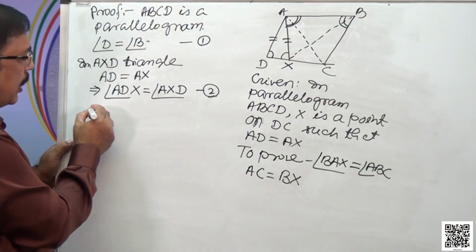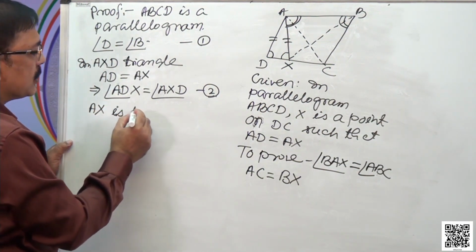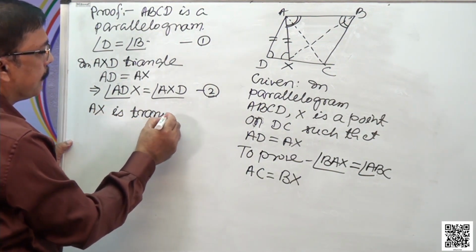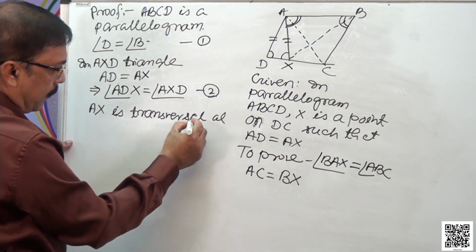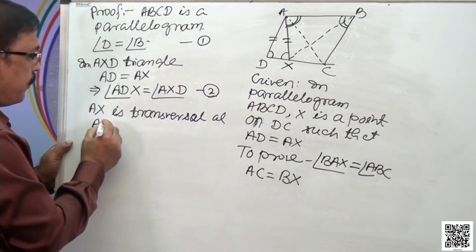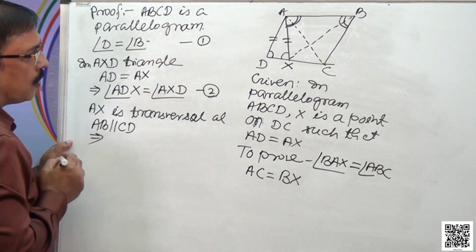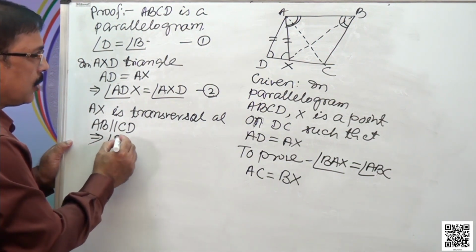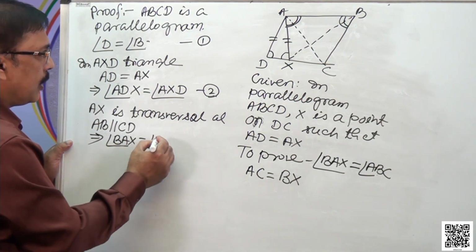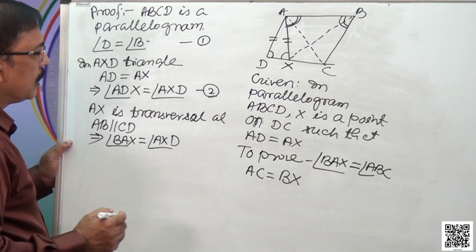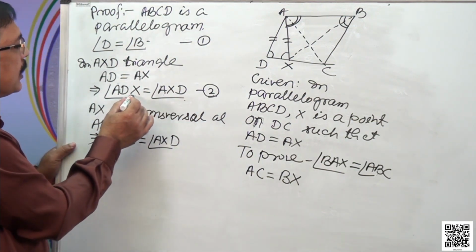Now AX is a transversal of AB parallel to CD. This shows that angle BAX is equal to angle AXD. Now you see, AXD is equal to ADX.